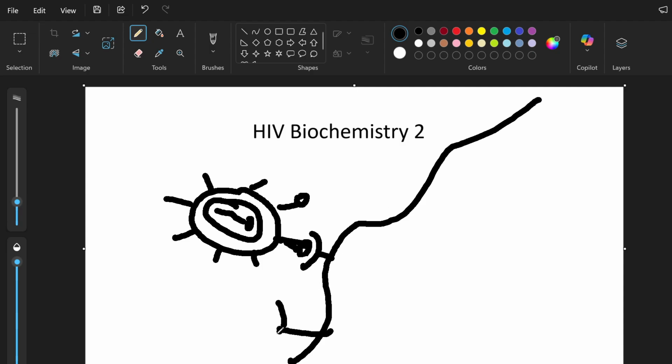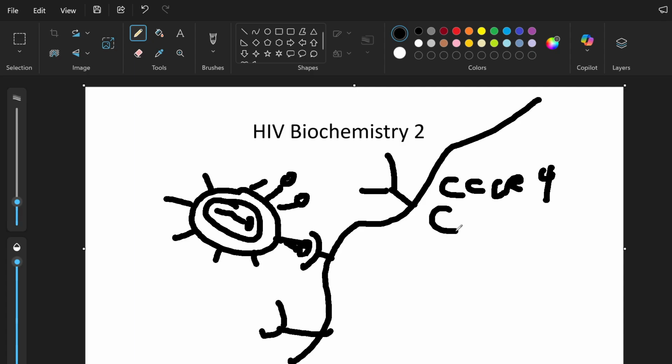This gets pulled in with the help of a co-receptor. This can either be the CCR5 or the CXCR4, I'm not sure about that. But it has two co-receptors that it's able to bind to.